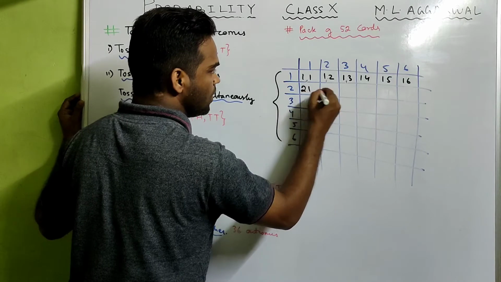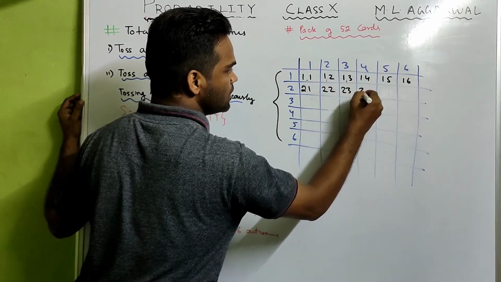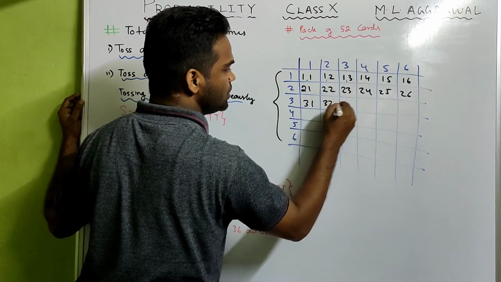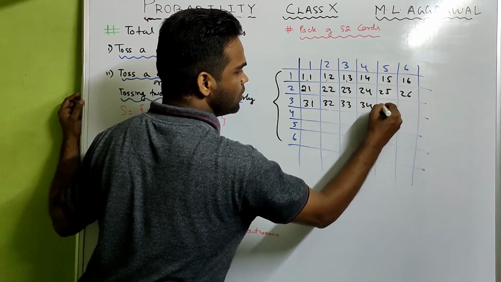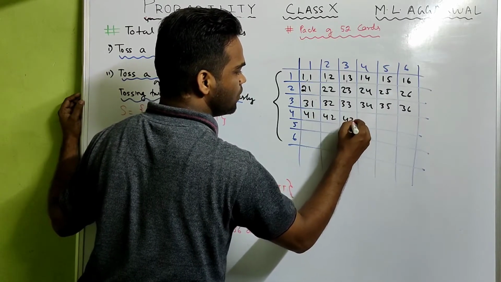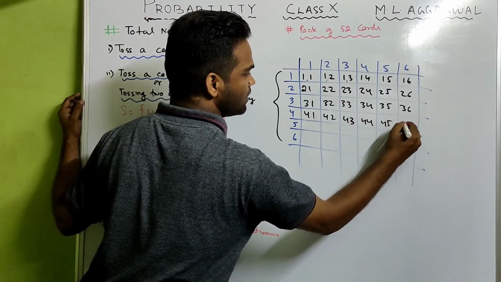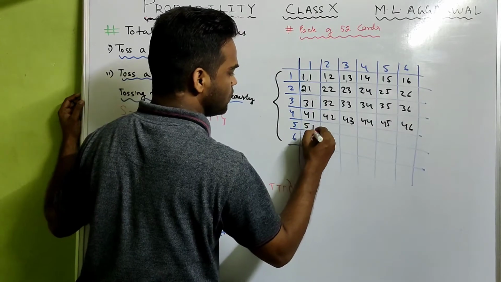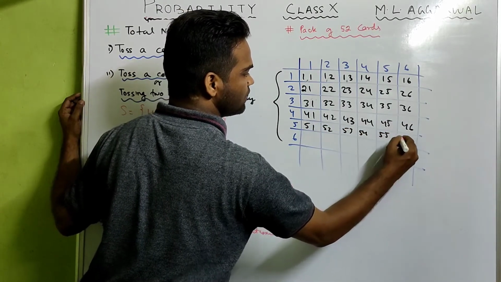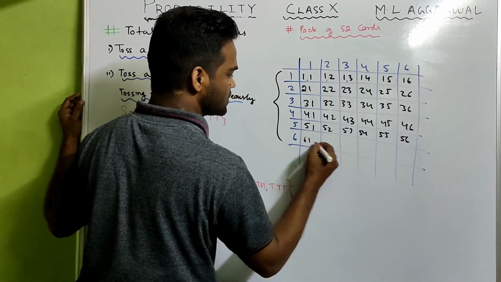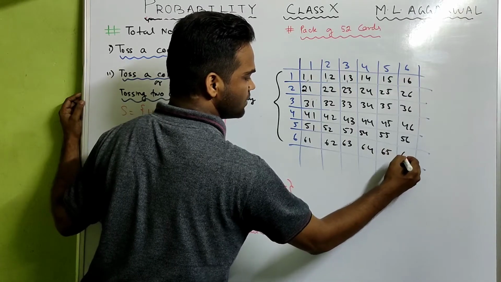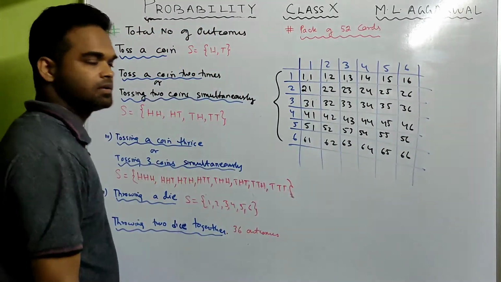So over here 2,1; 2,2; 2,3; 2,4; 2,5; 2,6. 3,1 through 3,6. 4,1 through 4,6. 5,1 through 5,6. 6,1 through 6,6.